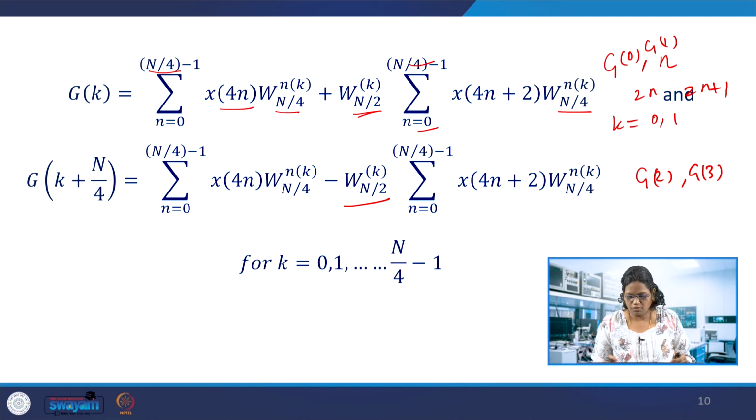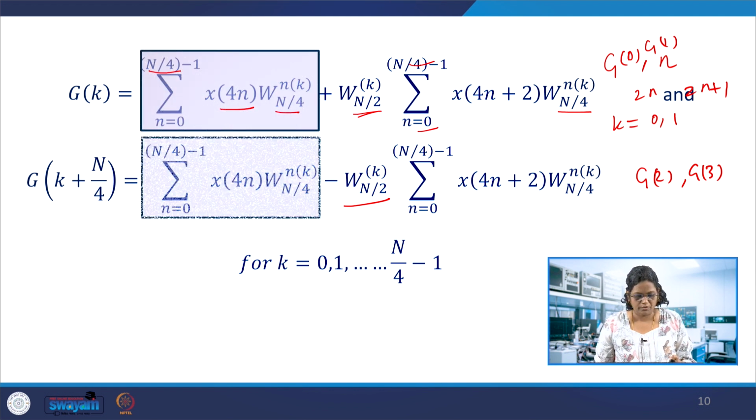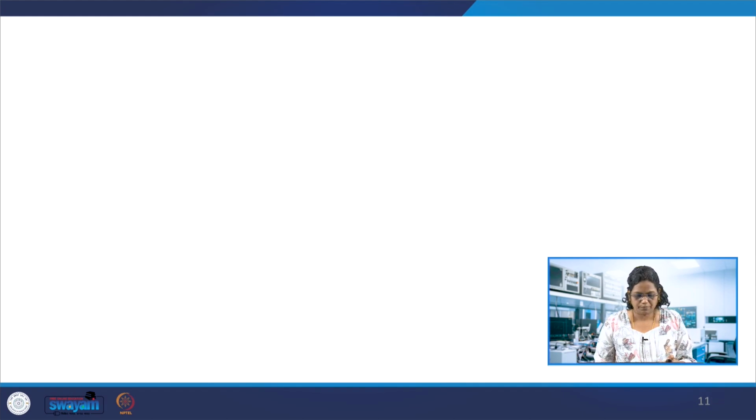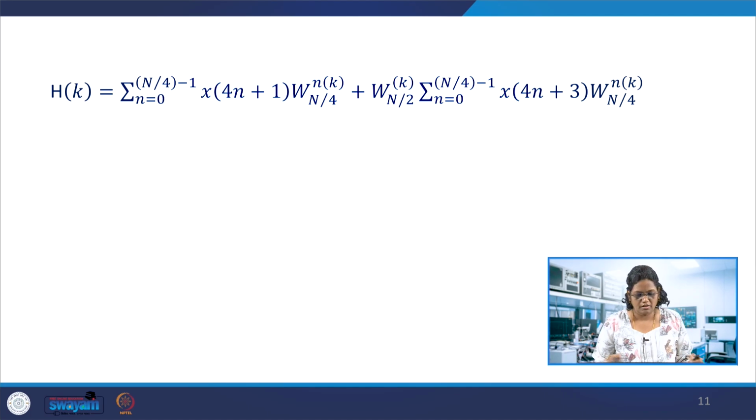It's the same thing we have to do for the other half, h of k, also. So we name these functions ak and bk. For the next stage, which is coming in the reverse direction, take the h of k portion, which is again divided into 4n plus 1 and 4n plus 3.